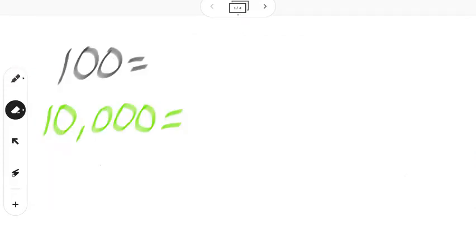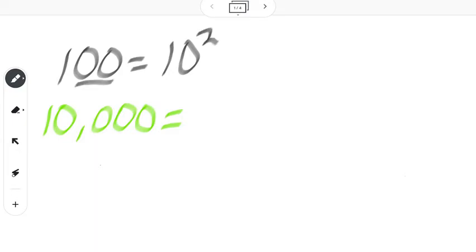The first thing they're going to do with this unit is they're going to give you a bunch of different numbers that are something to the power of 10. And you're going to have to determine what that is. So for example, we have 100, and we need to write it as the equivalent of 10 to the power of what? Now, if I remember the patterns that I saw, I have 2 zeros.